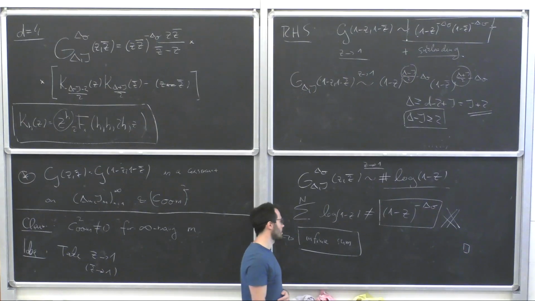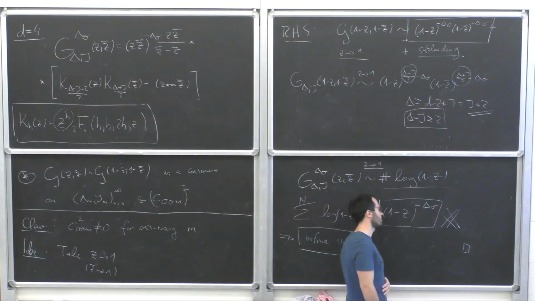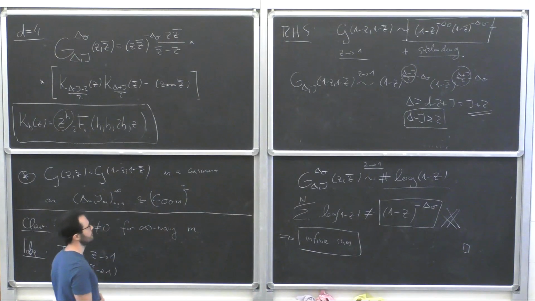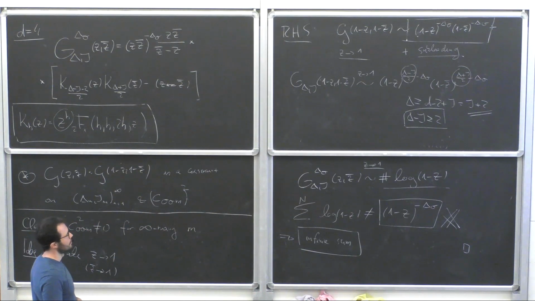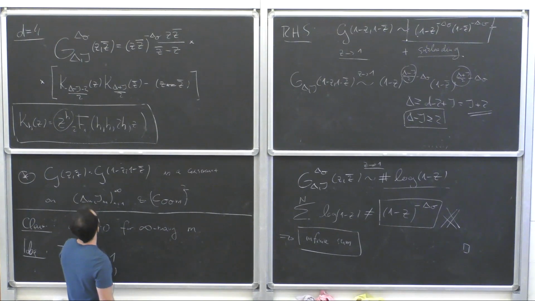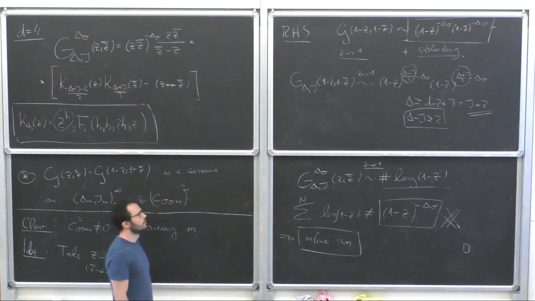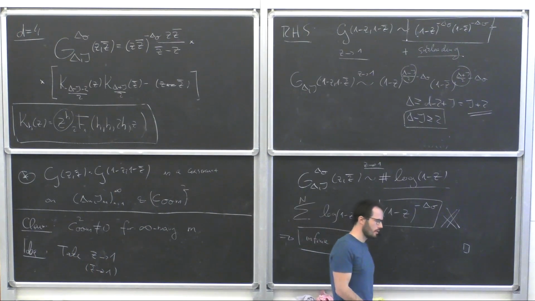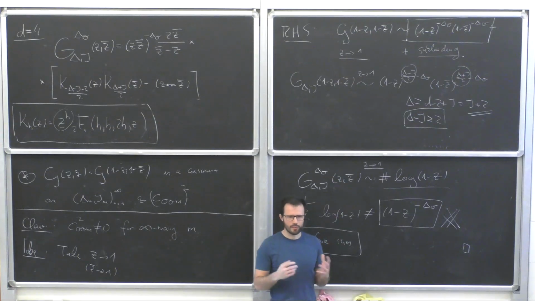Oh yes, that's true. I use the unitarity bound over here. That's true. Yes, there are infinite exchanged operators in the OPE, and therefore you need infinite operators in your theory.